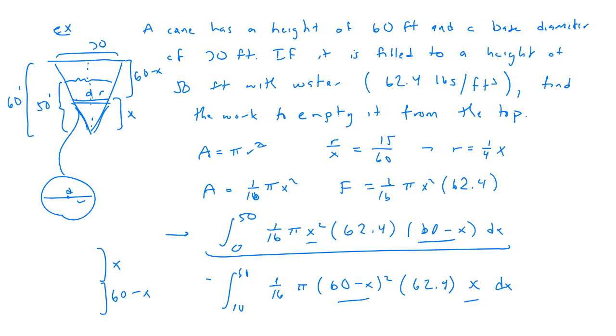And if I put in 0, I get 0 times 60. So if you put in the endpoints, I'm getting the same thing inside the integral. So again, it doesn't really matter which way I do it. It's just that in this case, one of these integrals is going to be the negative of the other one. So any questions on this setup?